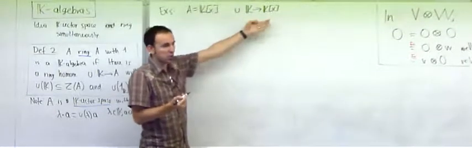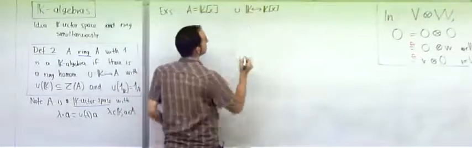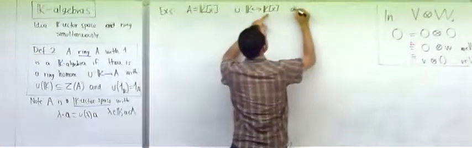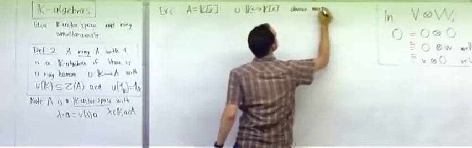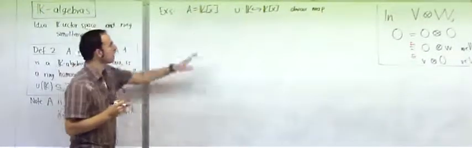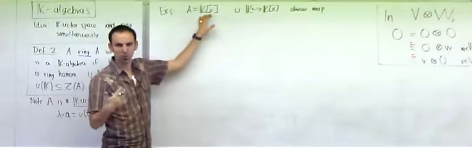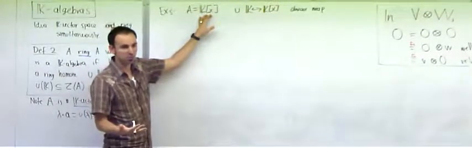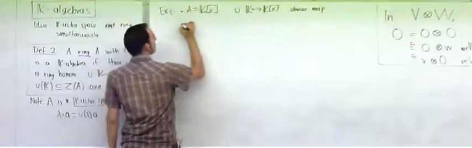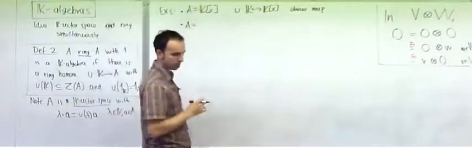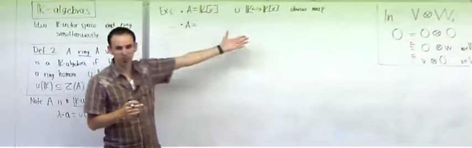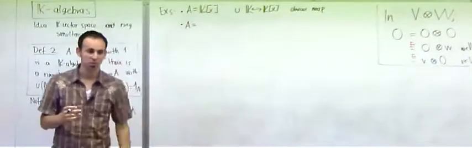Because the constants you can think of as polynomials, and so U is just the inclusion of K inside K[X]. This is the obvious map. And so we saw that this was an example of a K algebra. K[X] is a vector space over K, but you also have a multiplication. You can multiply polynomials. So that's the first example that we saw. And the second example that we discussed, well, I think I also wrote that you can use a larger number of variables and use polynomials in more variables, and that's also going to be an example.